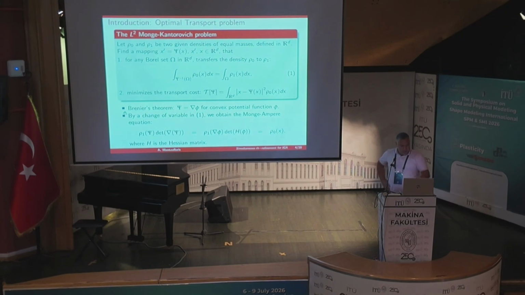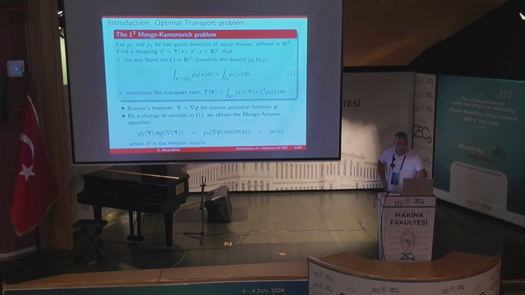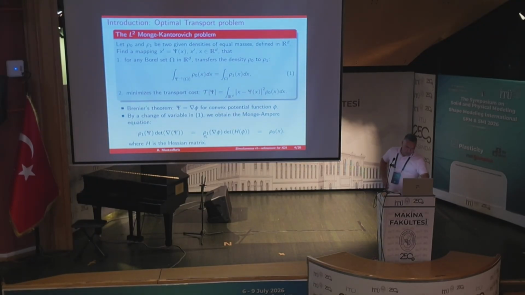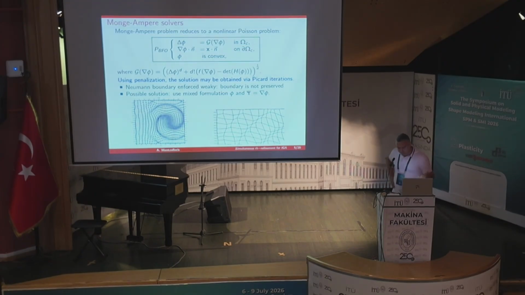So there is a well-established theory. We know that the result psi is actually a convex potential, and we know that to solve these equations, we arrive at this kind of equation where we have the determinant of the Jacobian and the Hessian multiplied by the density ρ1. So, long story short, I will skip several details, but finally what I want to arrive at is that this problem, finding this psi, reduces to solving this nonlinear Poisson problem.